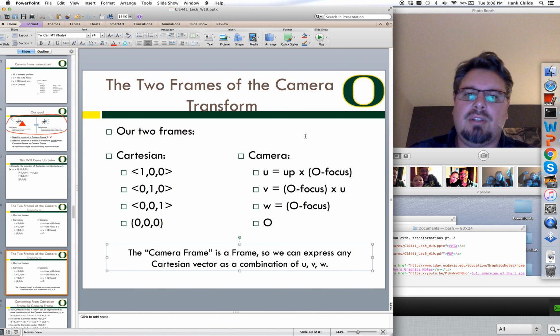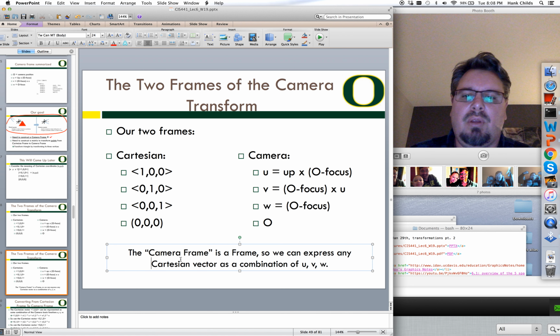And when I say Cartesian vector, I just mean that we're going to have some origin and some vector, and it's just a direction. And so any vector can be represented as a combination of u, v, and w. And the reason that any vector can be represented as a combination of u, v, and w is because the camera frame is a frame, and that's what it means. It means that we've got an origin, and we've got basis vectors that are linearly independent, and they span the space.